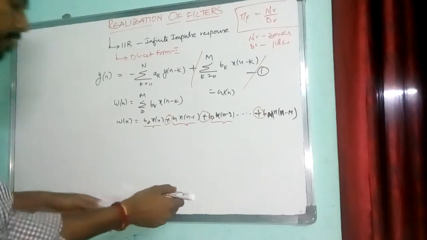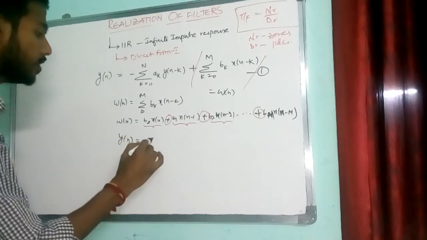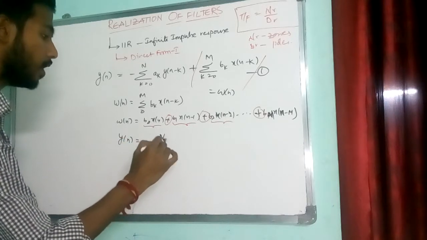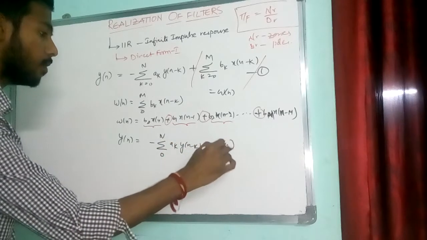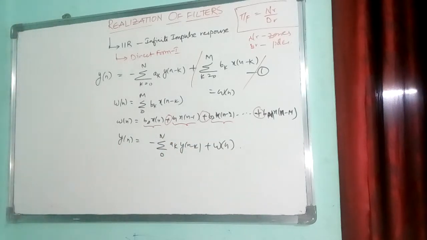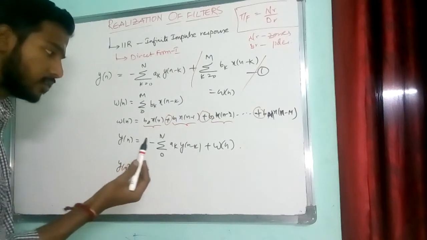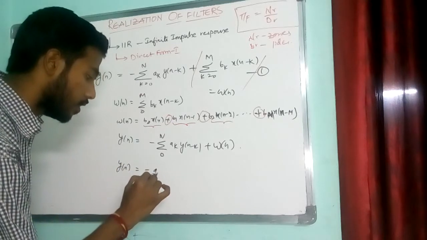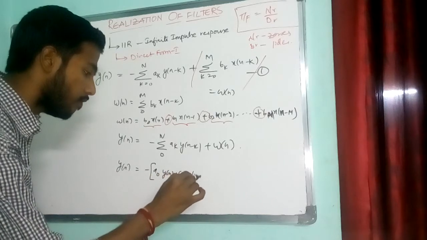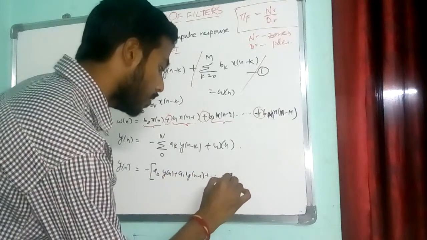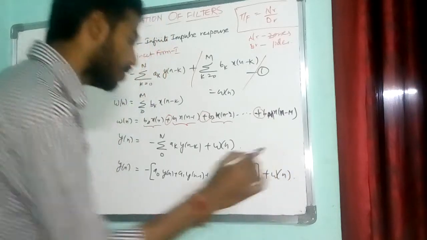This part is over. Next, if this is W of n, what will be my Y of n? It is minus summation 0 to n, ak y of n minus k, plus W of n. On expanding this, I get Y of n equal to minus of a0 y of n, a1 y of n minus 1, up to an y of n minus n, plus W of n.